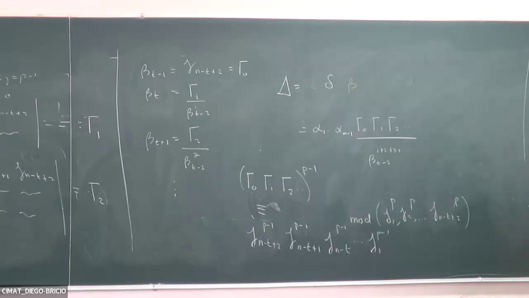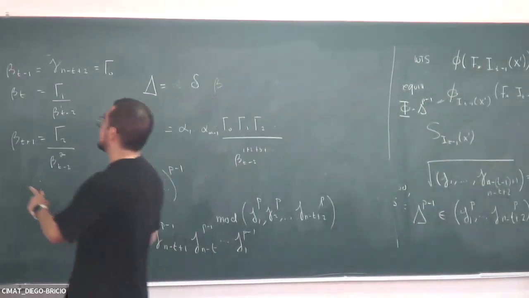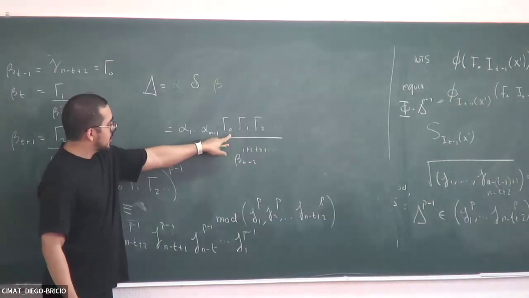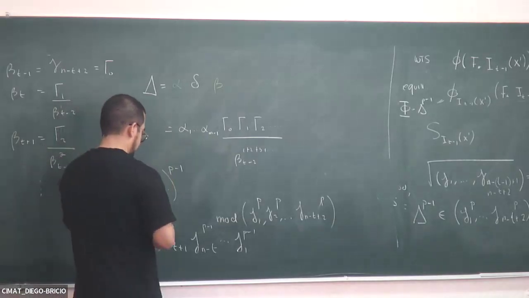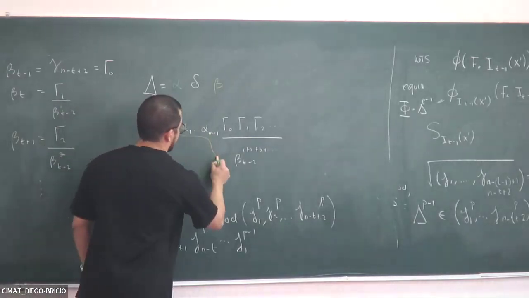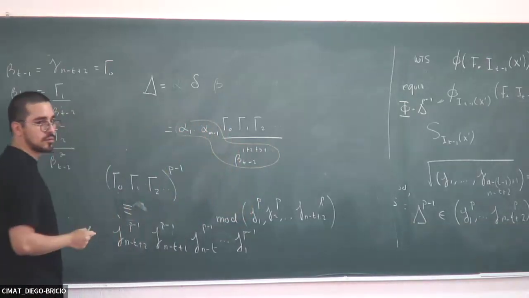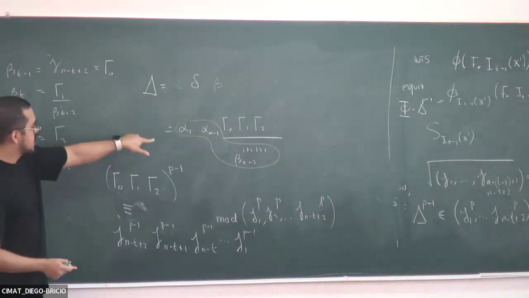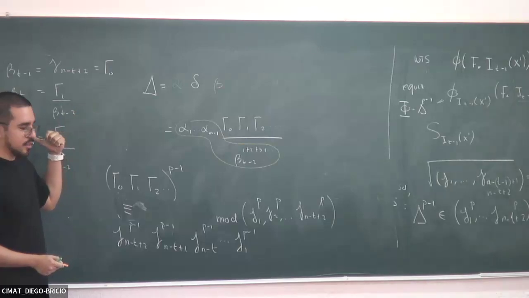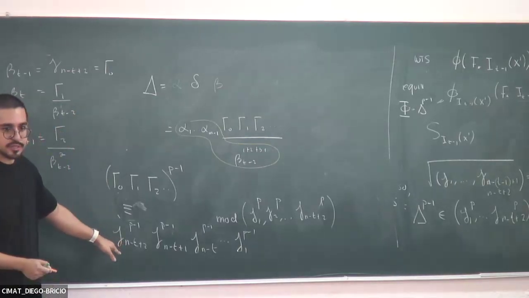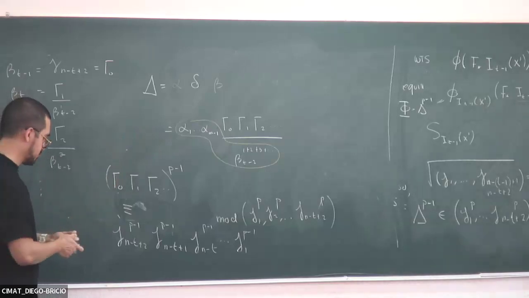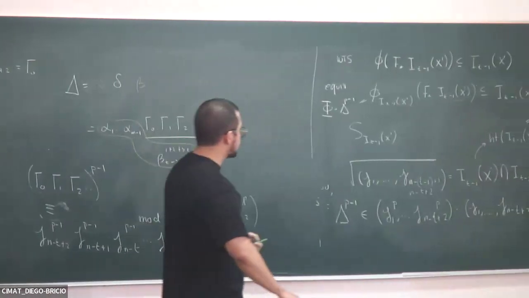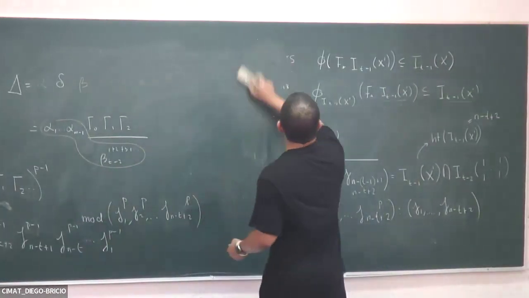Okay. So what's the cool part about this is that now remember that we have this. So multiply both sides by this guy. By multiplying both sides by this guy, you get delta on one side, and you get this thing on the other side times some extra stuff. And you write it over here.